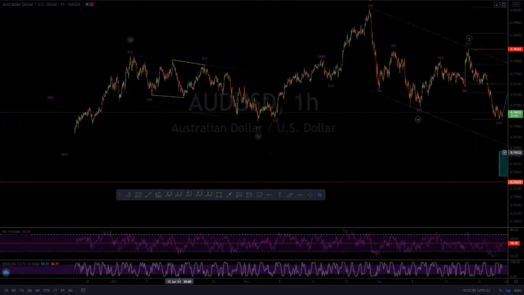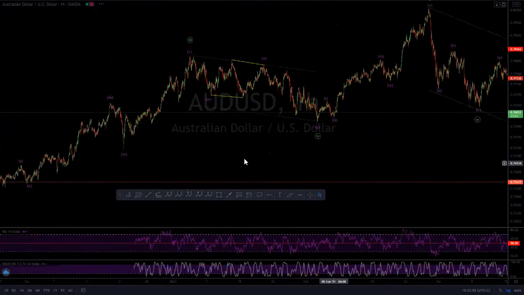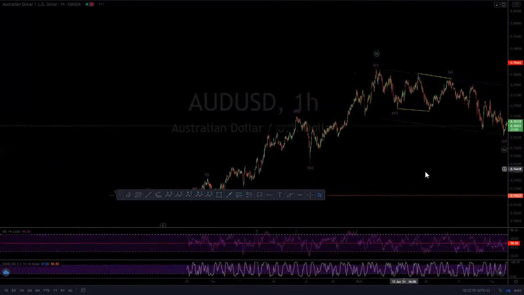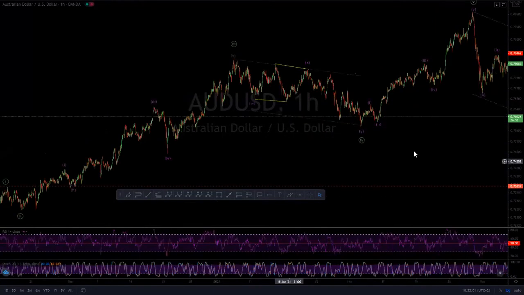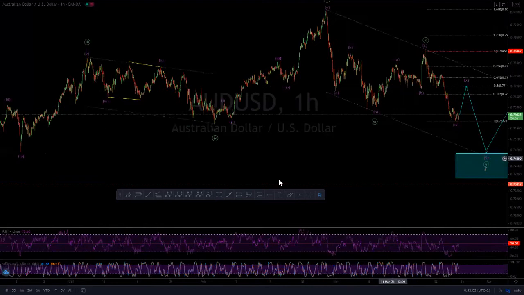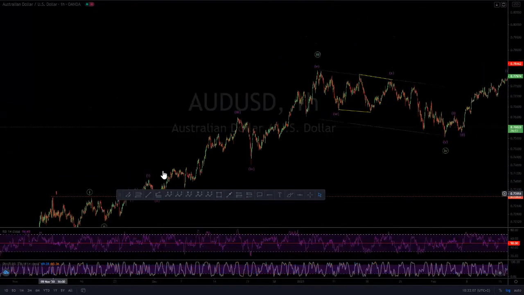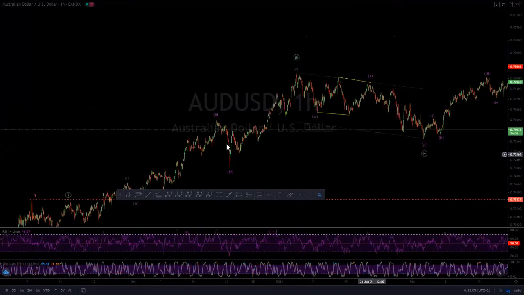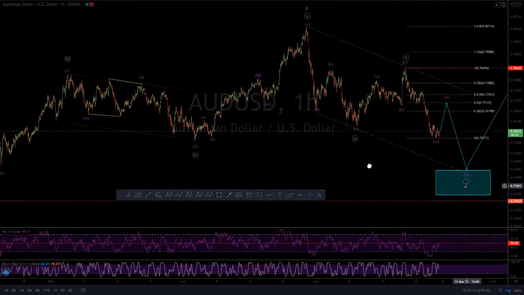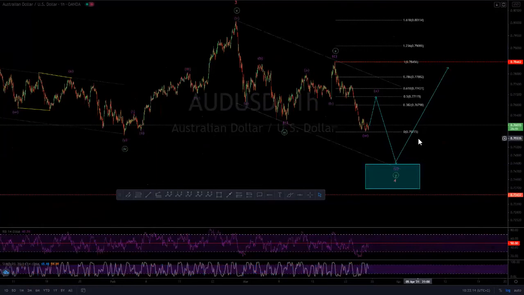Right, so I'm not sure if you guys have gone through the video that I shared yesterday. If you look at my blue box here, this is my invalidation level. I'm not expecting that AUDUSD can come and trade here because we are looking to trade this wave 4 here. Now you'll be wondering why my blue box in this case is smaller. Initially, our blue box is 100 to 123.6.